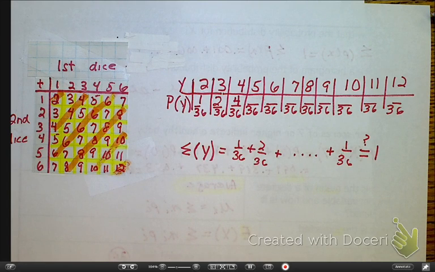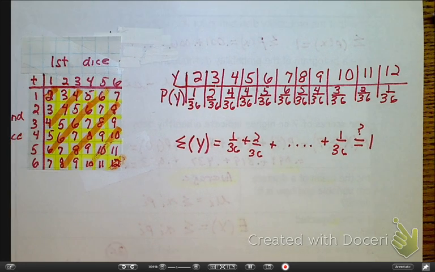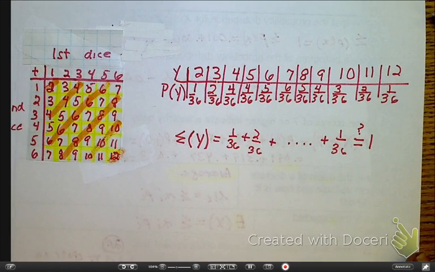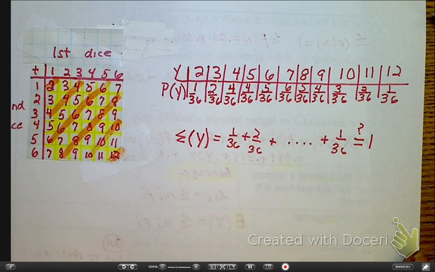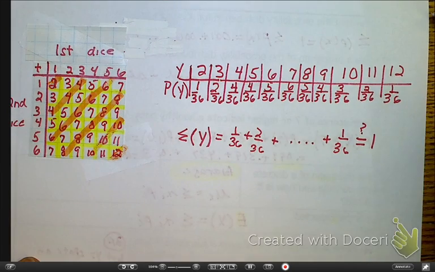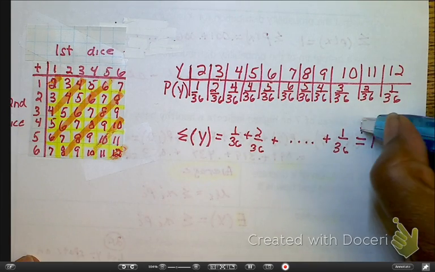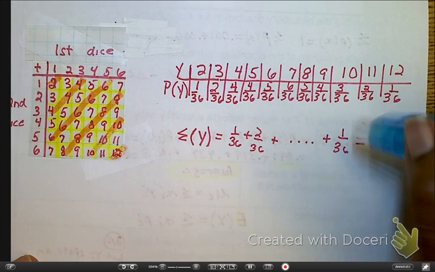Think smarter, not harder, people. Okay, so here's my probability distribution table completed. And once I check it, yes, it does equal 1. So it is a true probability distribution.